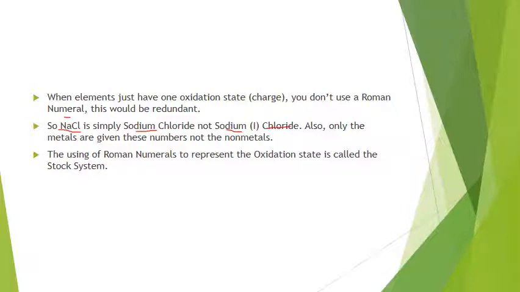The representative elements are ones where you know the charges. So the first column and the second column, you won't be calling those sodium 1, lithium 1, beryllium 2, and so forth. They will just be sodium chloride and so forth. Again, the Roman numerals represent the oxidation state when we do this name.